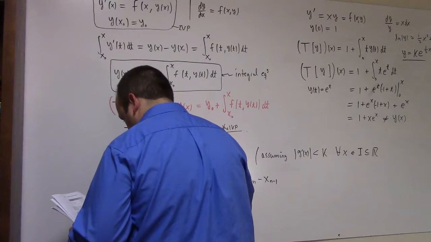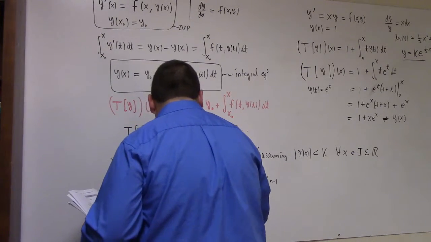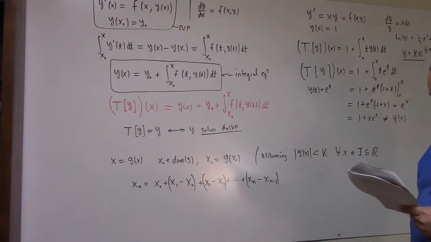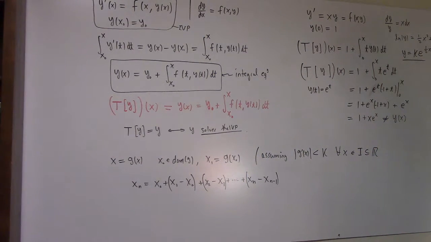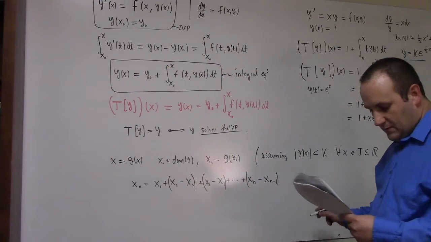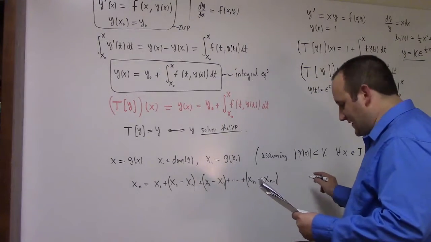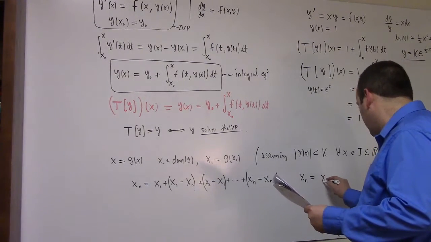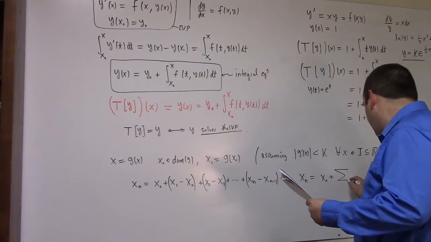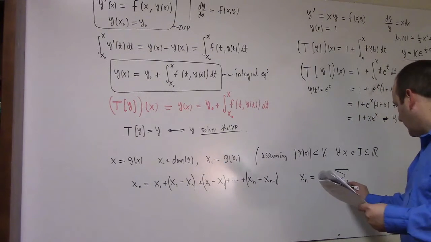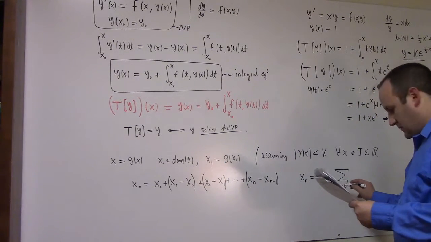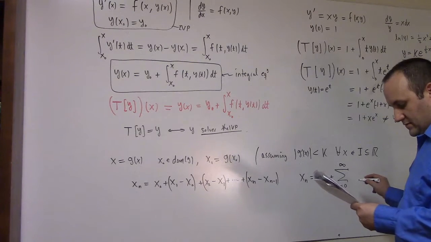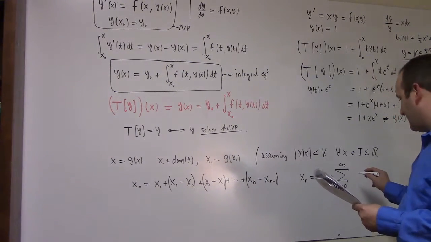Let's see if I can write this. In other words, xn is equal to x naught plus the sum, j equals 0 to infinity, of... well, that's not quite it.